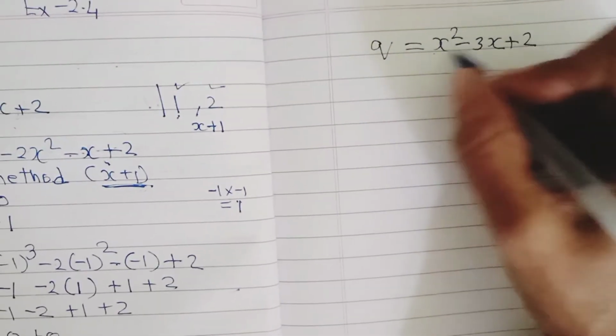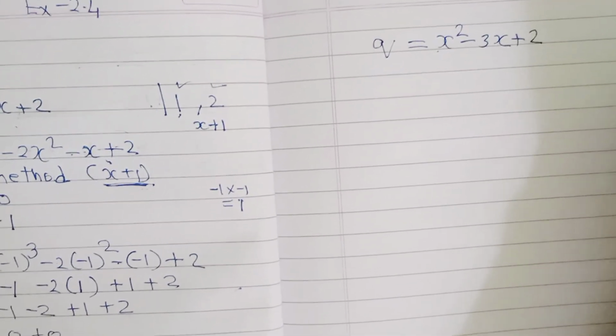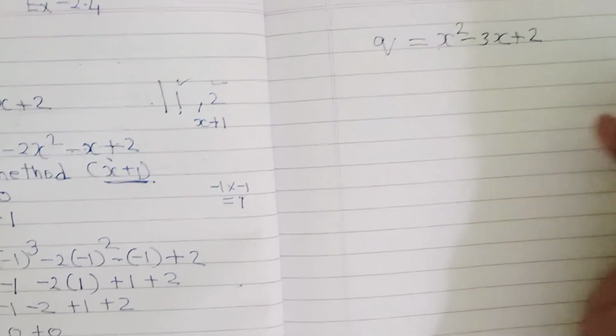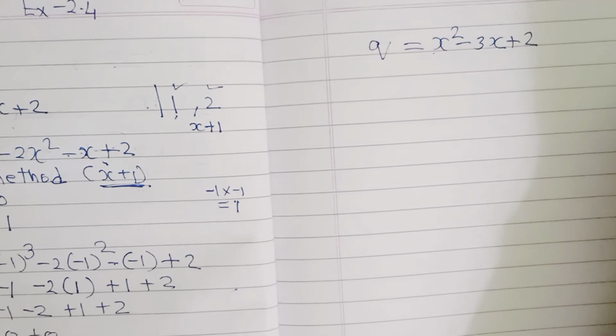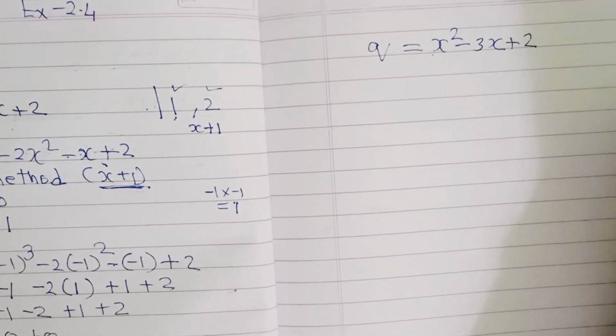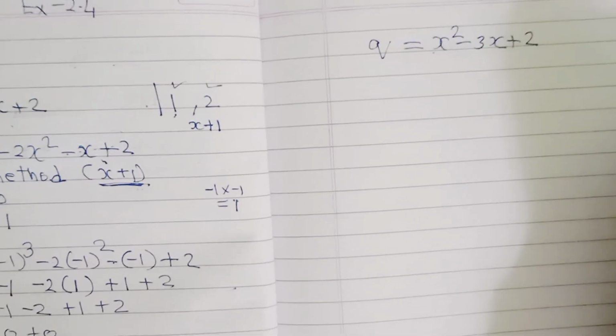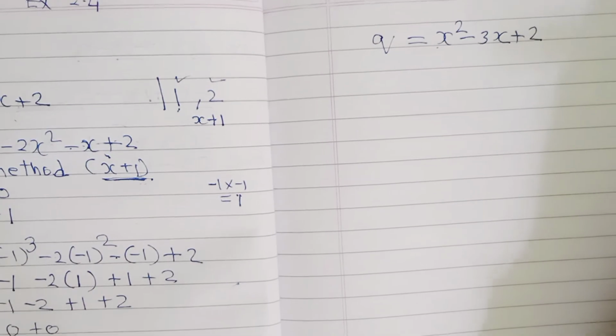So here the first and last numbers are 1 and 2. So 1 multiplied by 2 is 2. We have to get minus 3x here. So if I do minus 2x minus x, it is equal to minus 3x. So minus minus we add, but the sign of the bigger number we write, so it is minus 3x.